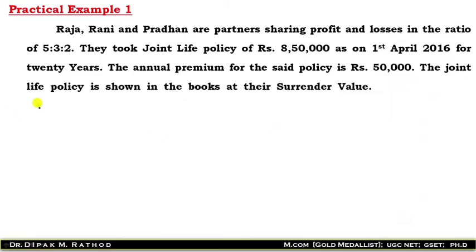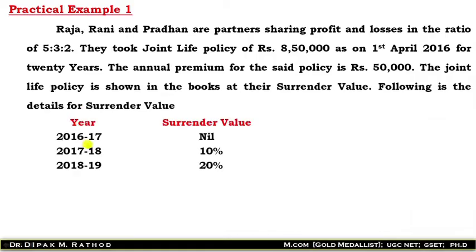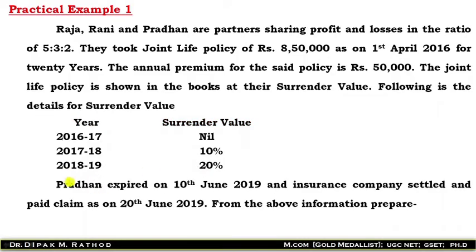The joint life policy is shown in the books at its surrender value. So we are given some details of surrender value here. For 2016-17 it is nil, for 2017-18 10%, and 2018-19 it is 20%. Moving further, Pradhan expired on 10th June 2019 and insurance company settled and paid claim as on 20th June 2019.